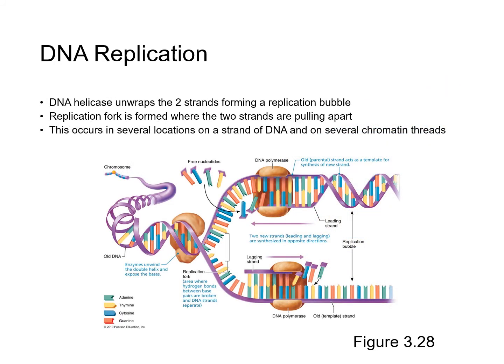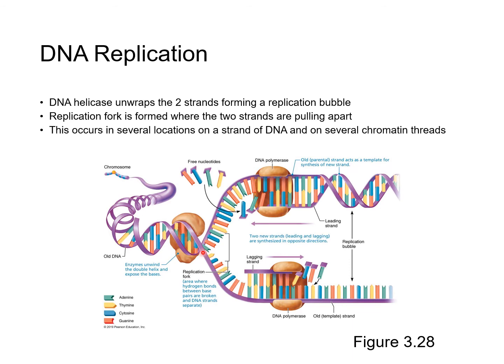The very first activity that occurs during replication is an enzyme called DNA helicase unwraps the two strands from one another. Remember that DNA is double-stranded with nucleotide bases connected to one another by hydrogen bonds.